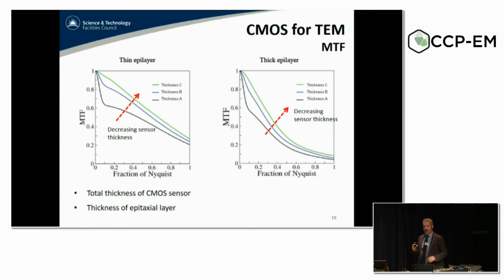The MTF will give you an idea of the sharpness of your image from a certain point of view, and is heavily affected also by the thickness of the sensitive layer, of the epitaxial layer with the charge generated. We have collected data in two different scenarios with the thin and thick epilayer, showing that in both cases, decreasing the sensor thickness will make your MTF better. So back thinning effectively helps you in terms of DQE and MTF.